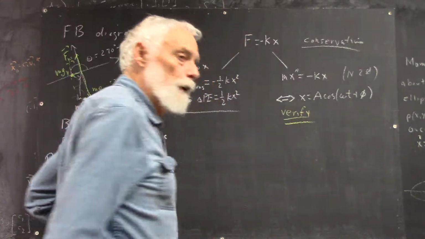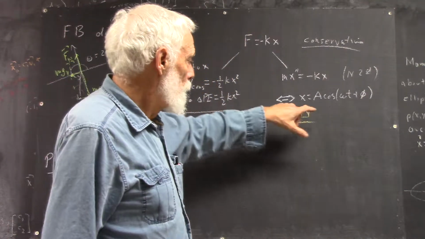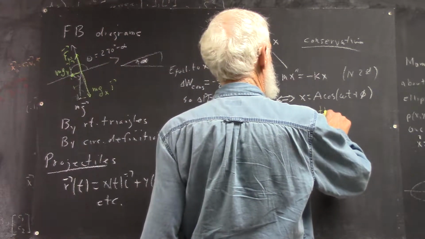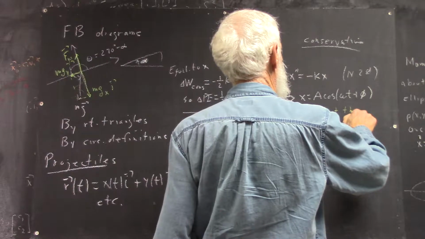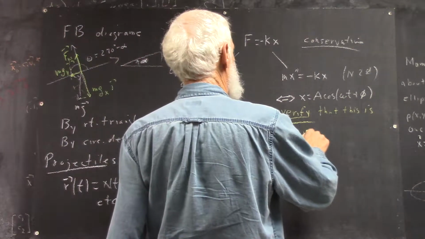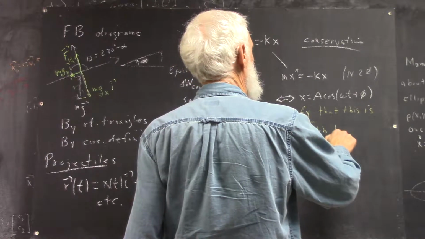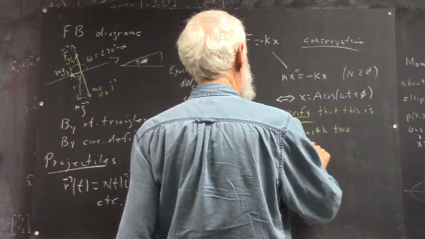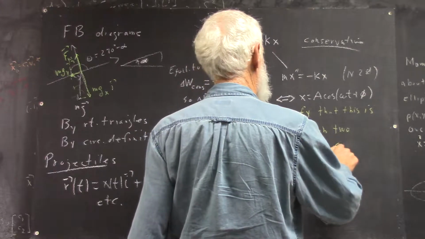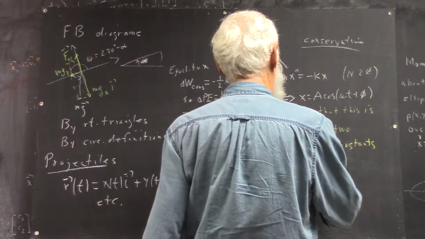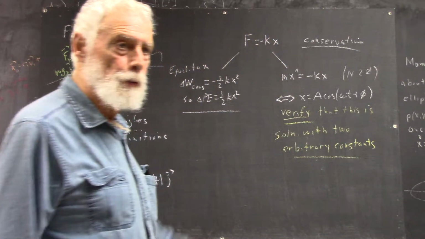You need to know how to verify this. How are you going to verify that at least this is a solution? Verify if this is a solution with two arbitrary constants.